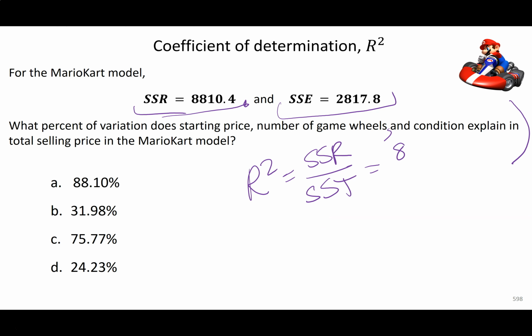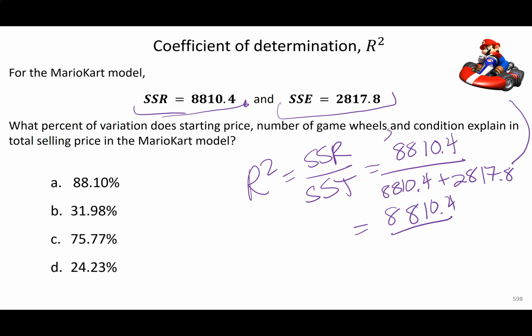So it's going to be 8,810.4 over total, so 8,810.4 plus the 2,817.8. Because this is not math in my head, 8,810.4 over 11,628.2.